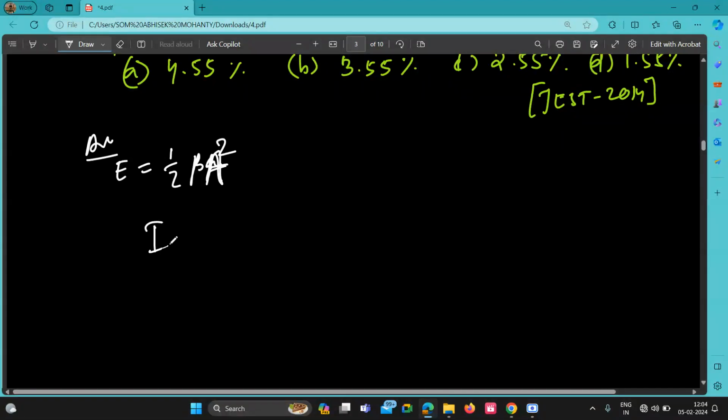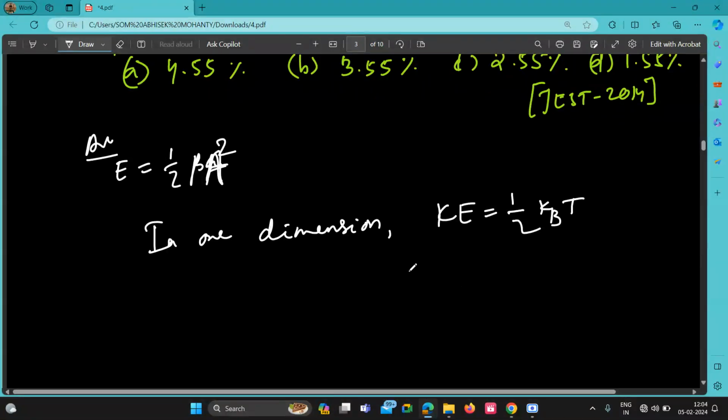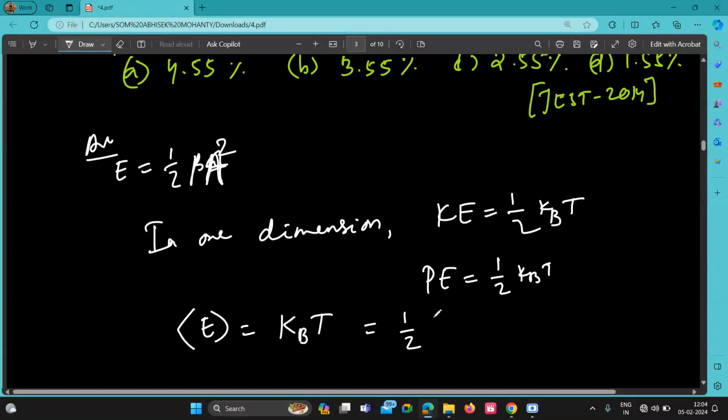Now in one dimension, kinetic energy is how much? Half kBT. Potential energy is also half kBT. Okay, so your total energy is what? Total energy is half kBT plus half kBT, that is kBT, which is equal to, we know, half beta A square.